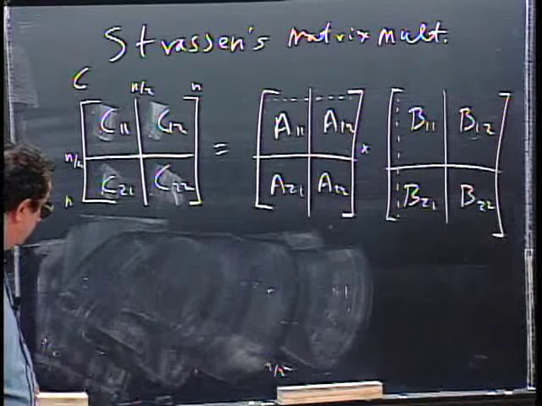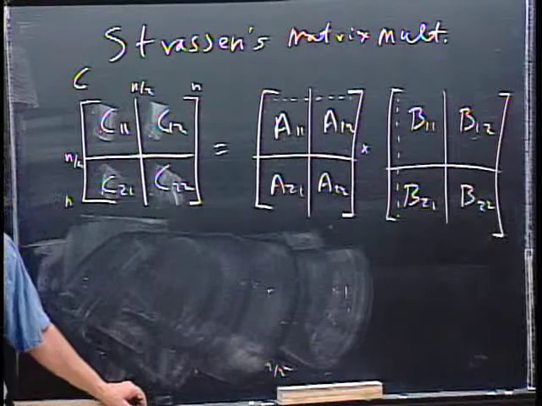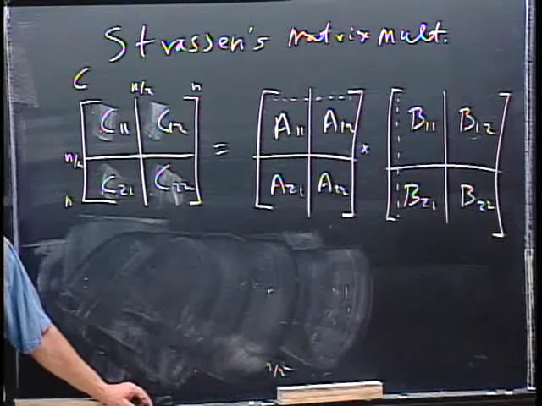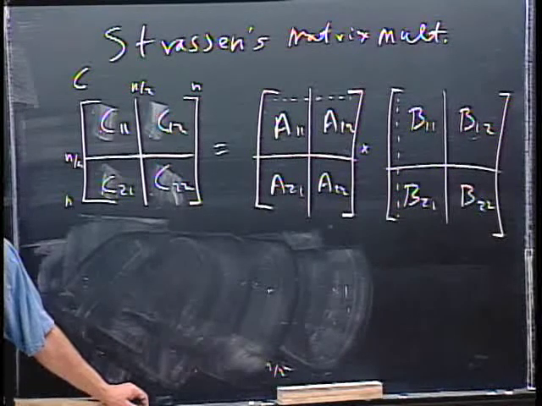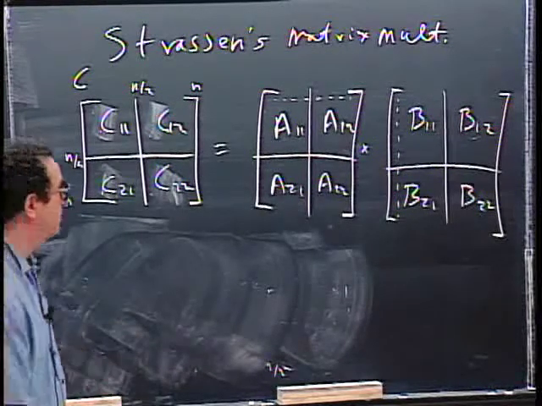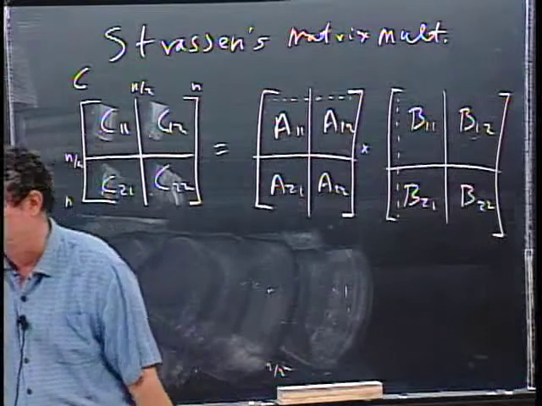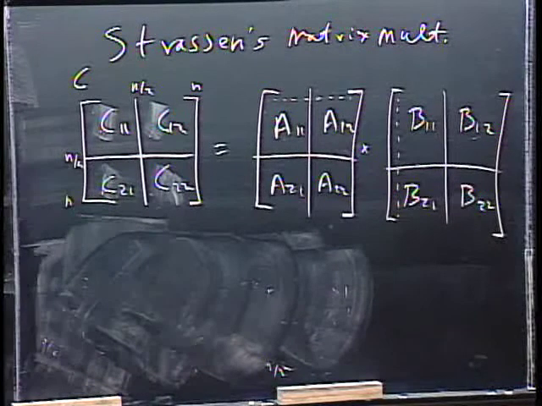Now, how many scalar multiplications does this approach take? How many multiplications of individual numbers are implied by this kind of recursive divide and conquer? So we'll set up the analysis by recurrences, which is something we've become comfortable with.